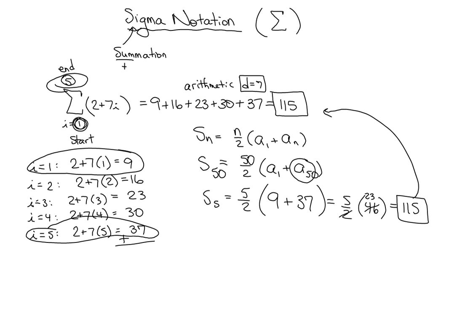Okay. The last thing we need to talk about is this. What if they give us the sum of i equals 1 to n of 2 plus 7i, and they tell us this comes out equal to 570.